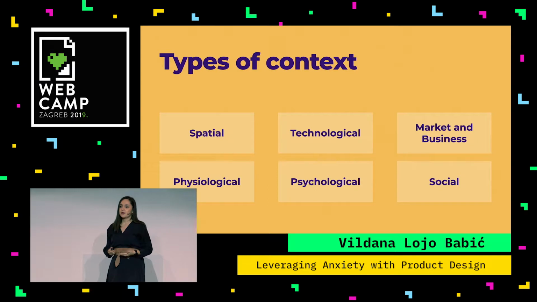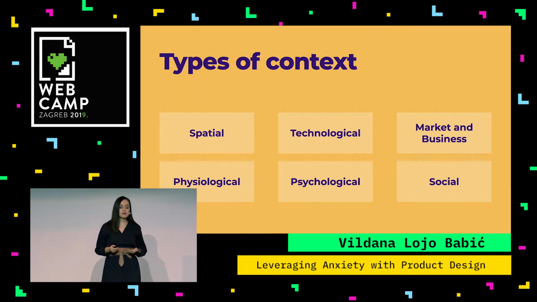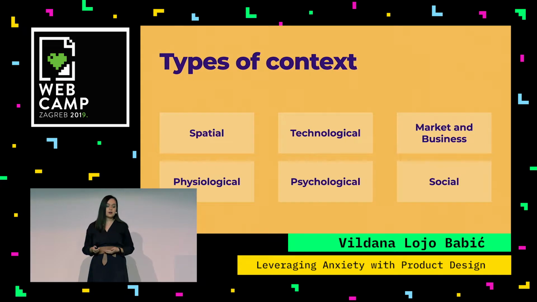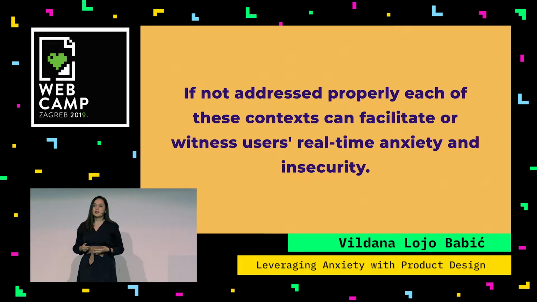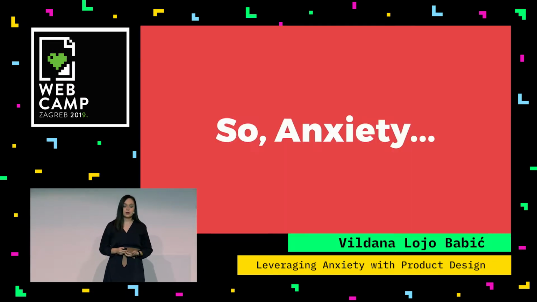In terms of product design and the different contexts that our users can face and our products could be within, we can recognize spatial, technological, physiological, physical, social, and market and business contexts. And all of these contexts, if they are not addressed properly, can facilitate real-time anxiety and insecurity for our users.